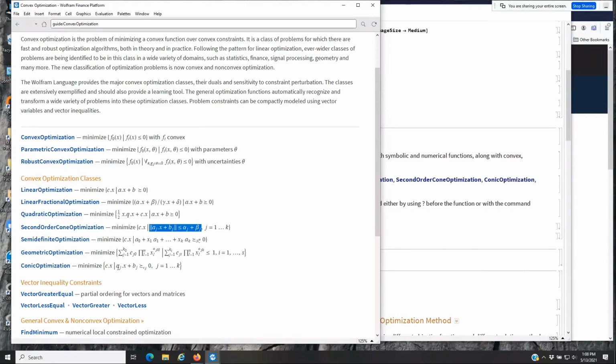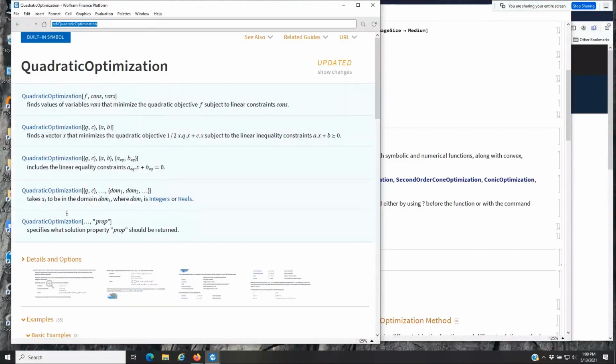Conic optimization, notice, specifies lower bounds, whereas second-order cone optimization specifies upper bounds. We'll look at the conditions under which these apply, but all of them have the same type of structure. Namely, I will just be using this type of structure.